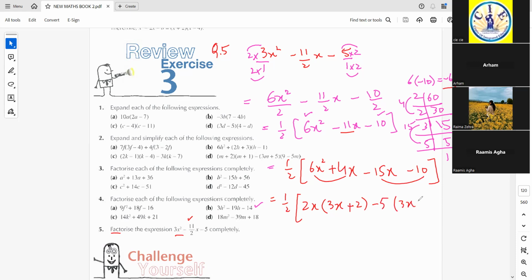So 3x, and since we have taken this negative sign common, this negative sign would change to plus sign, and then this. So 3x plus 2 is now again common. In this way, you have completed the factorization of this. So that completes our review exercise 3.